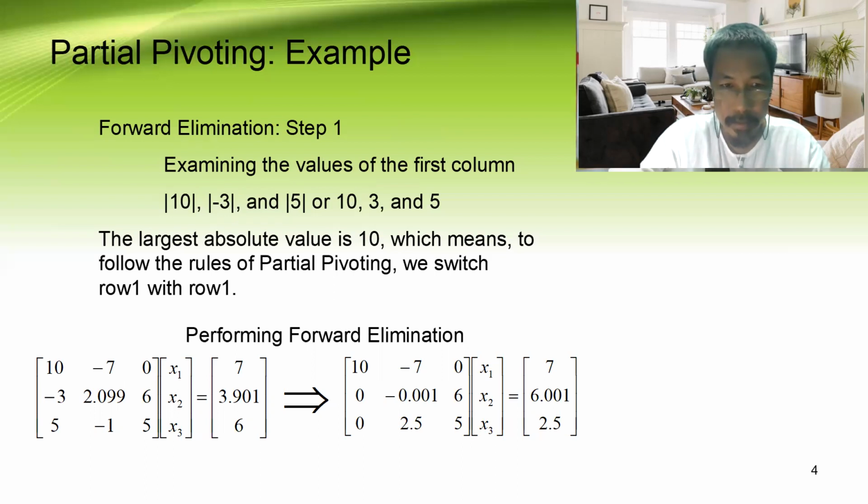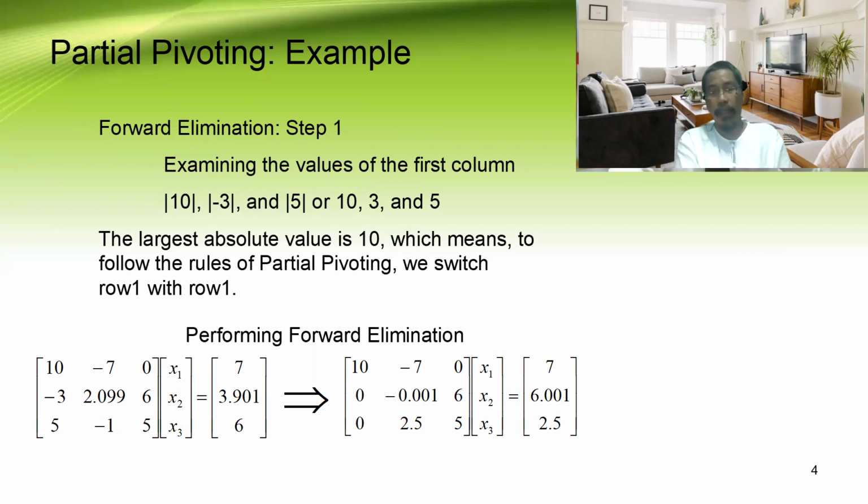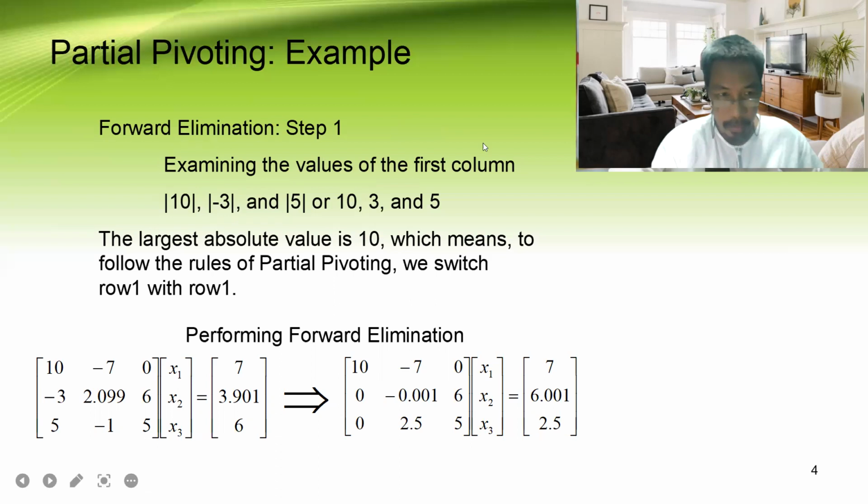Just like in our previous example, how do we do that? The first row multiply by 3 and divide by 10. So it will become 1 here, then 3. So add to this, so it will become 0.